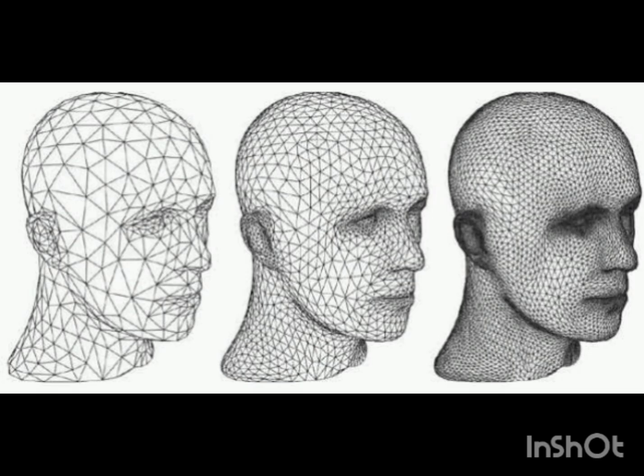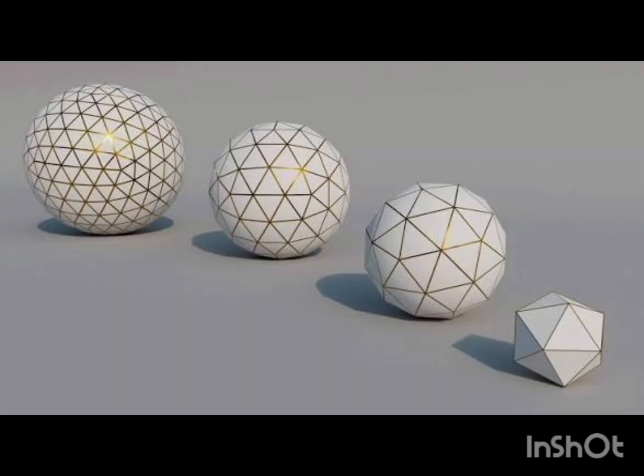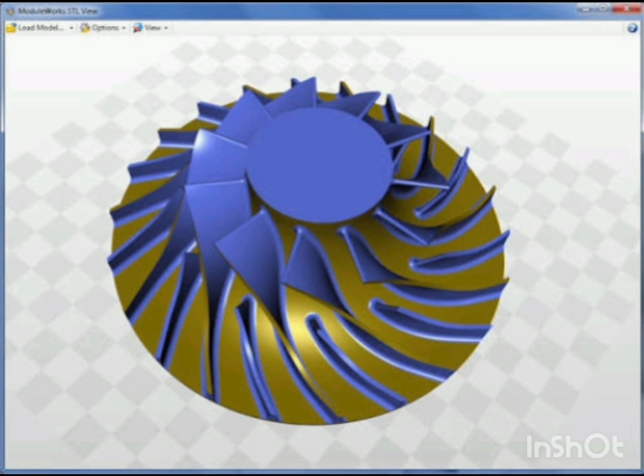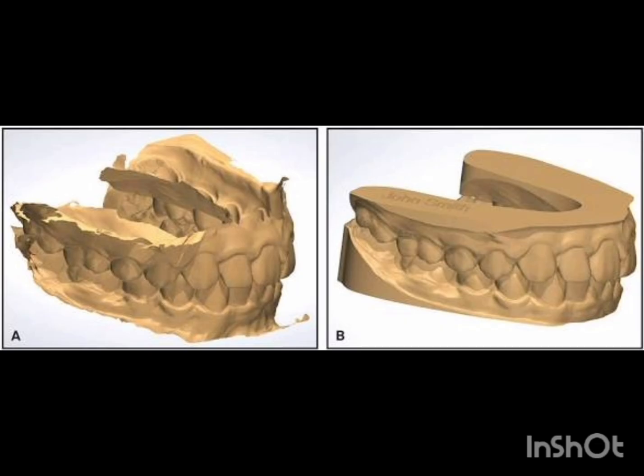In implant dentistry, STL files are combined with CBCT data to design surgical guides, and in prosthodontics, they are used for crowns, bridges, veneers, and dentures. STL files also play an important role in digital smile design, occlusal splints, mouth guards, 3D printed models, and orthodontic surgery planning. Now, without STL files, modern digital workflow would not be possible.